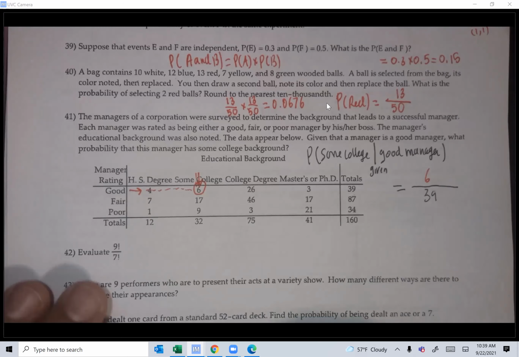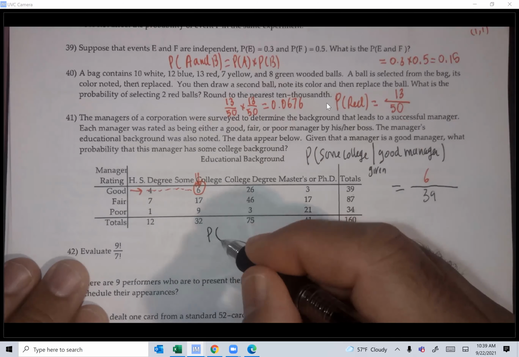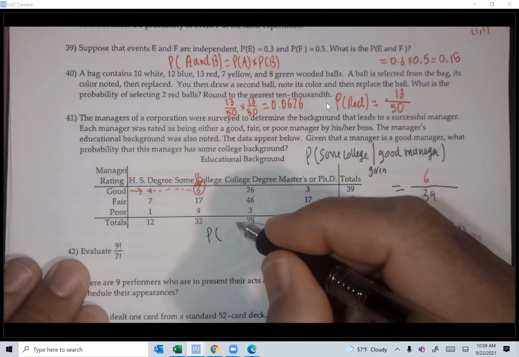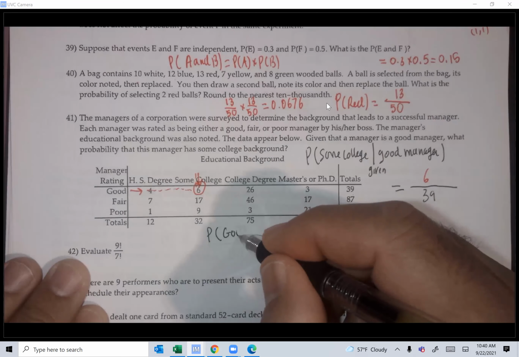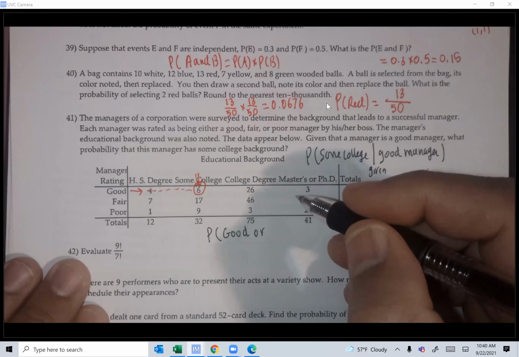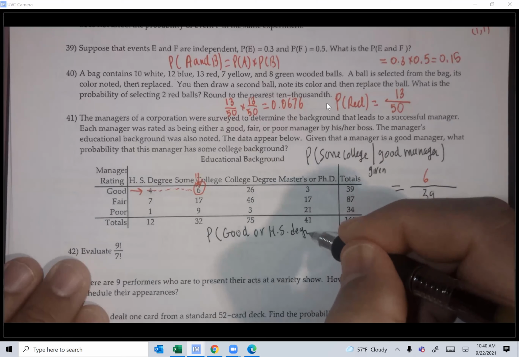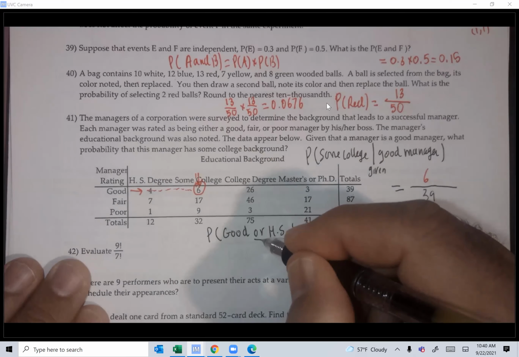If I give you this table, guys, and ask you what's the probability of having a good manager or a high school degree? You see the OR now? Okay.